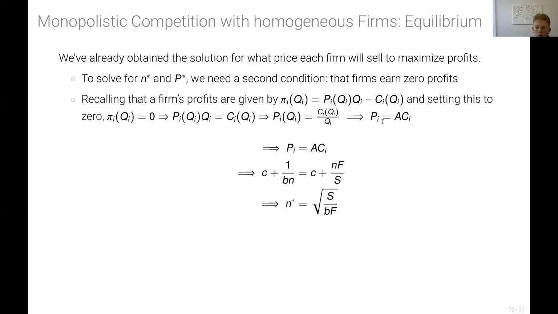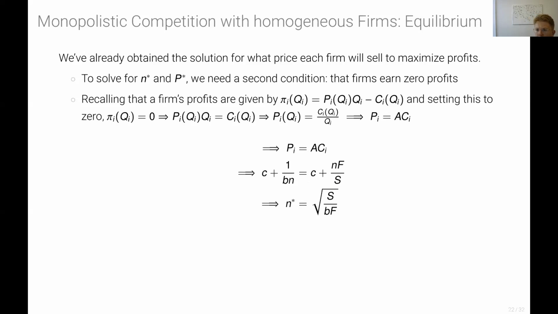Okay, and so now what we want to do is set price equal to average cost, and then use that condition to figure out what that'll give us. If price is equal to c plus 1 over Bn, and average cost is equal to c plus NF over S, which is what we found previously, then note that those marginal costs are going to cancel out.